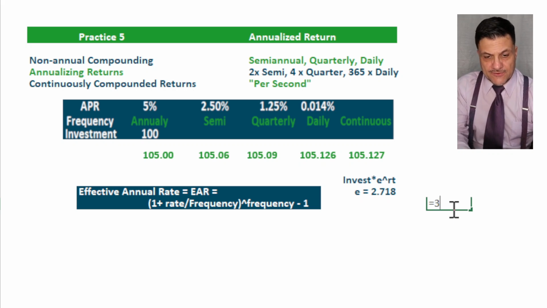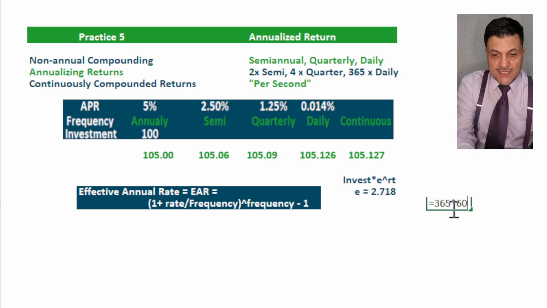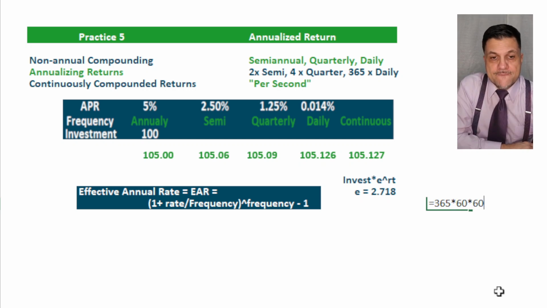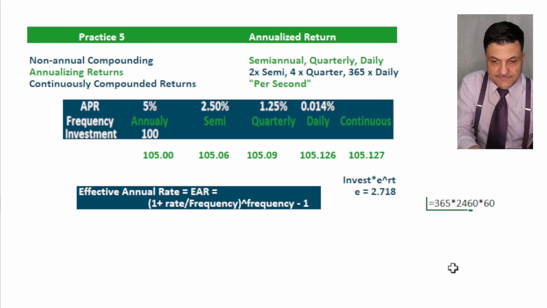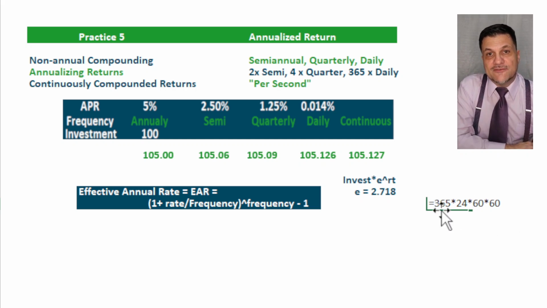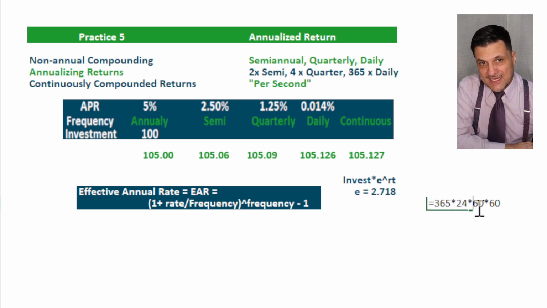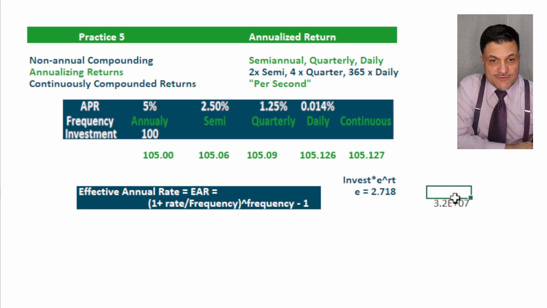So you take 365 days, times 24 hours per day, times 60 minutes per hour, times 60 seconds per minute. Multiply all of this, and that's your number of seconds.